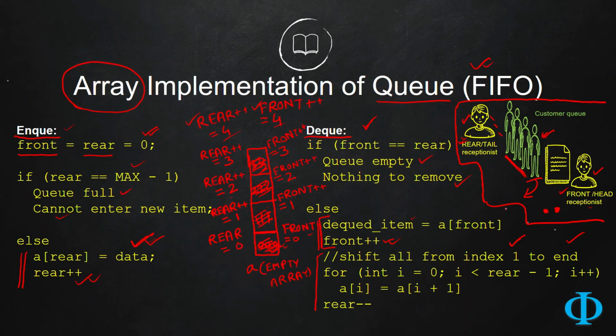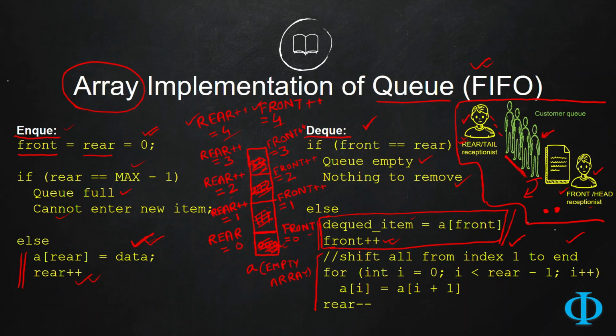The actual dequeuing operation is taking place only in these two lines of code, but just because for an array you need to maintain contiguous or consecutive memory locations, you have to do all these shifts.